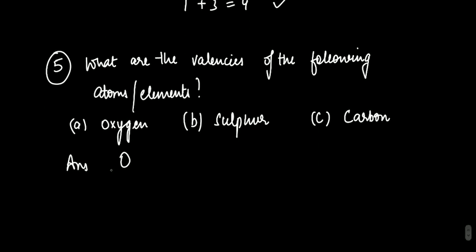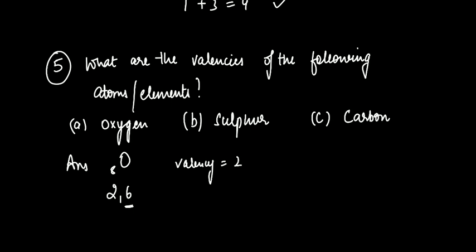So oxygen is atomic number 8. So 2 and 6 configuration. From here we can gather that it requires 2 electrons to share or gain in order to complete its octet and have 2-8 configuration, that is the neon configuration. So its valency is going to be 2.